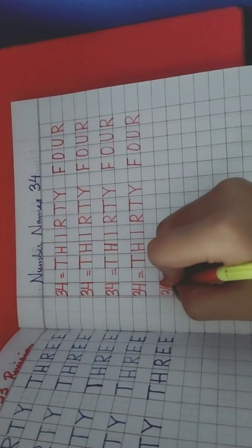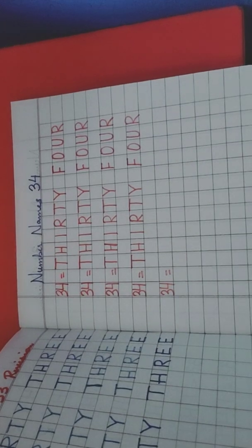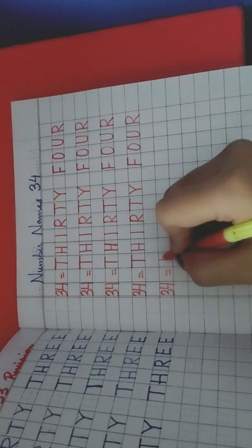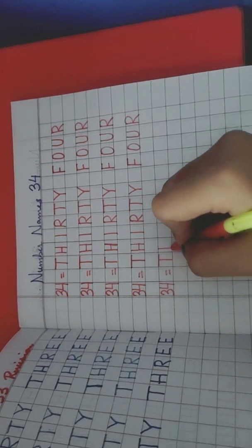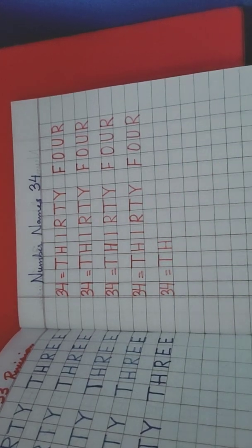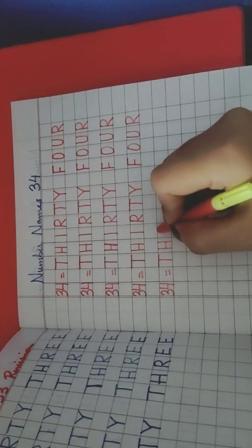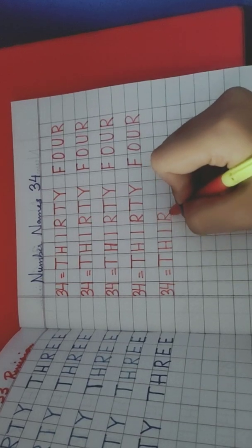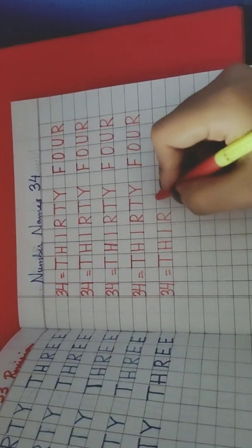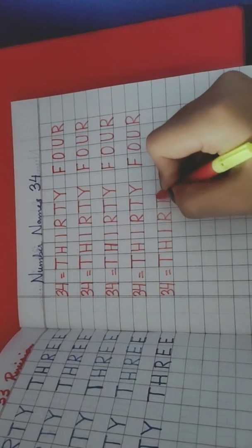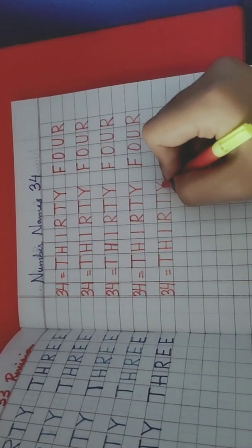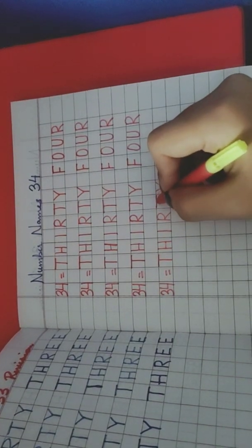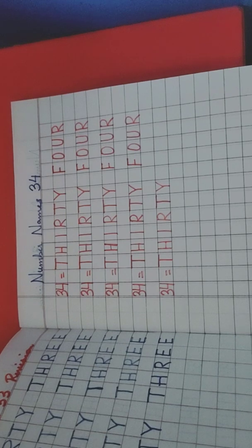Again. 3, 4, 34. T, H, I, R, T, Y. 30. What's the spelling of 4?